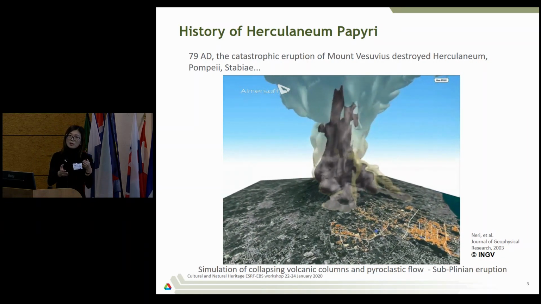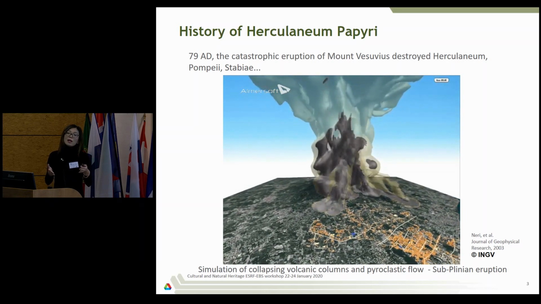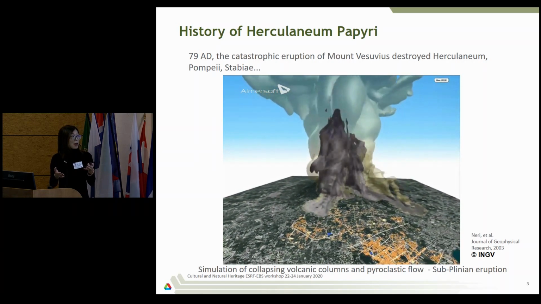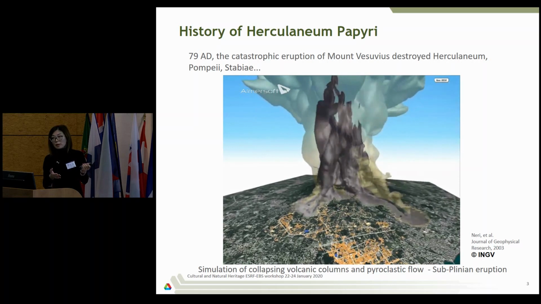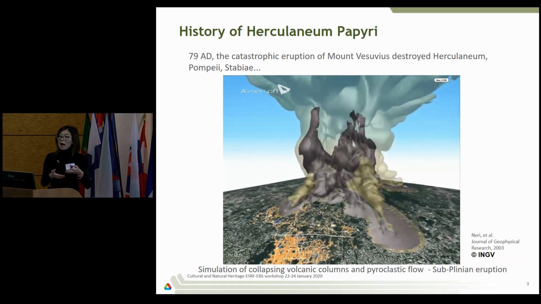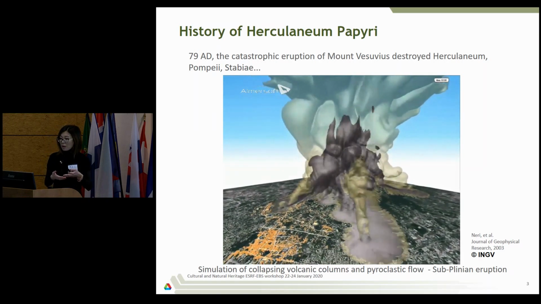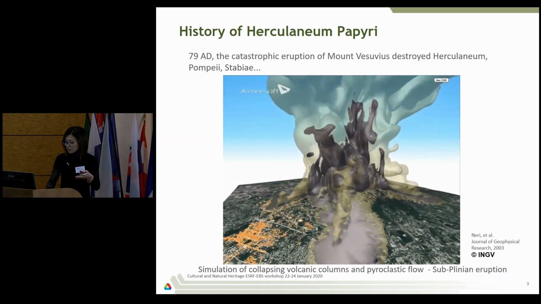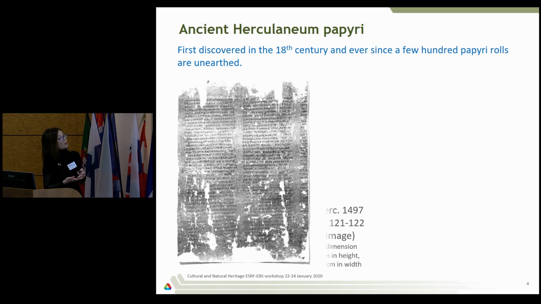And there is a private library that collected a huge amount of papyrus rolls near Herculaneum, which was buried during the eruption. And this collection of papyrus stayed undisturbed until the middle of the 18th century when it was first discovered. And ever since, hundreds of papyrus rolls were unearthed from the site.